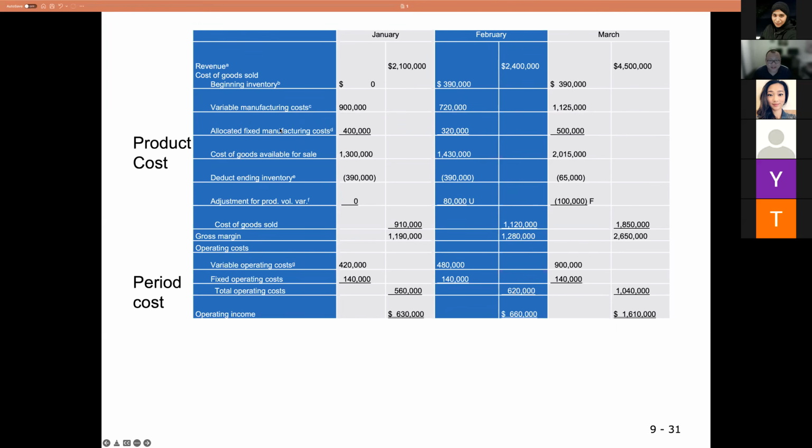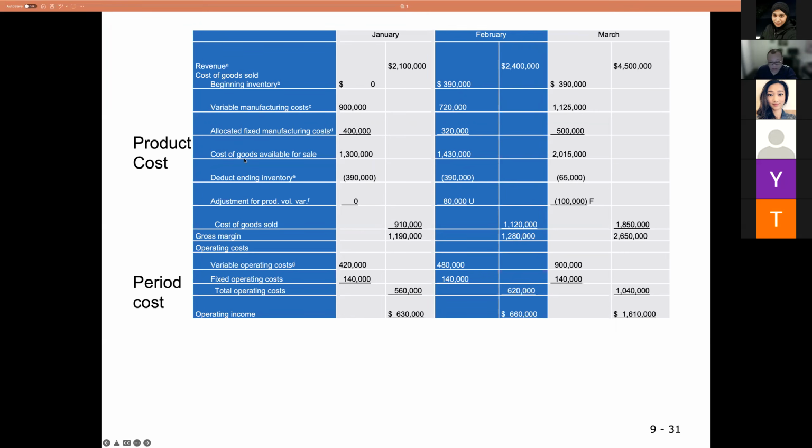This part is new. Allocated fixed manufacturing cost. So we are saying how much fixed manufacturing cost is allocated here. The difference between absorption and variable costing is that under absorption, the fixed manufacturing cost is included in the inventory.